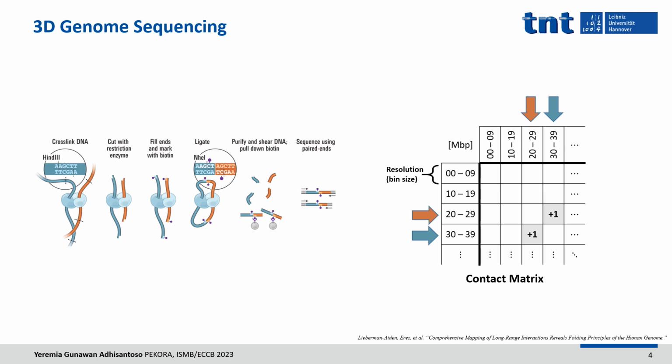But this process is imperfect, or it's noisy, so of course we have noise in the contact matrix too. At the end of the process, we reveal the structures using, for example, 3D reconstructions.